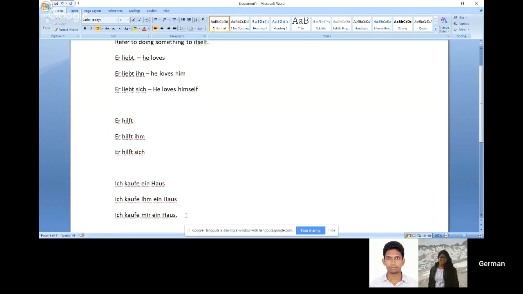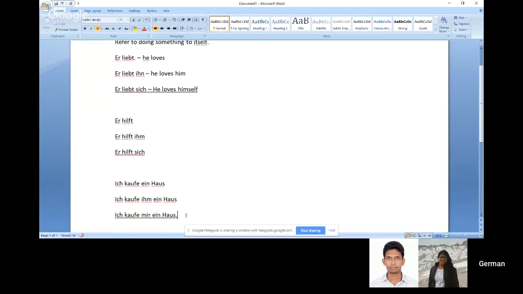Some verbs have a fixed use as reflexive, where we do not need to use reflexive verbs in English, as in sich freuen is to be happy or to be happy about, or sich setzen is to sit down.